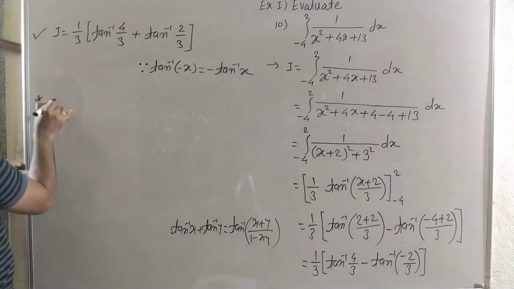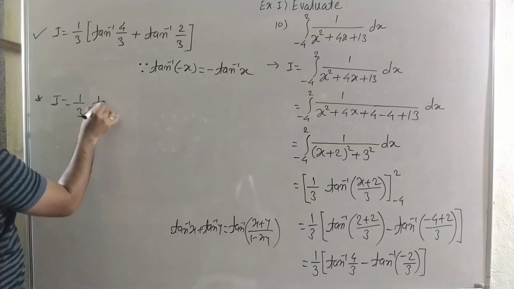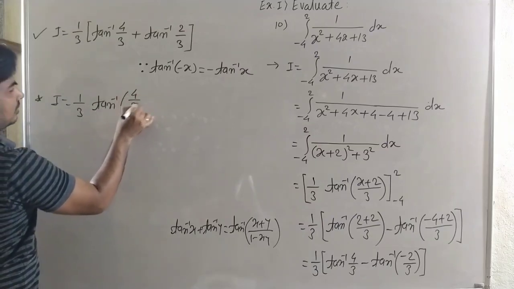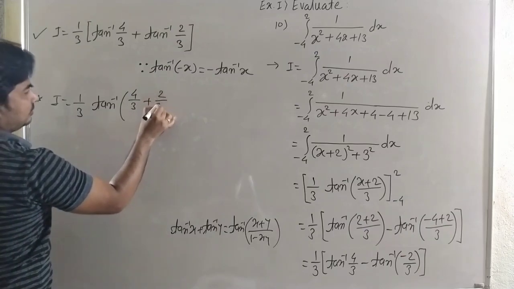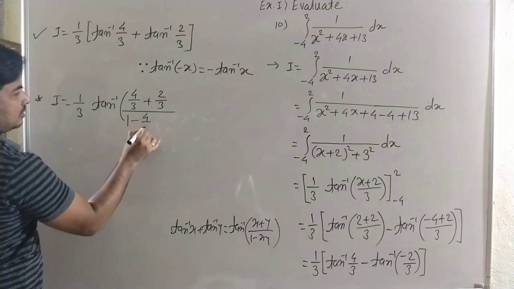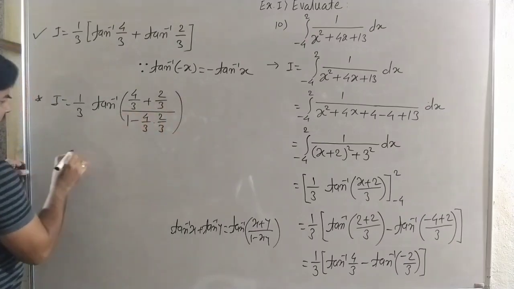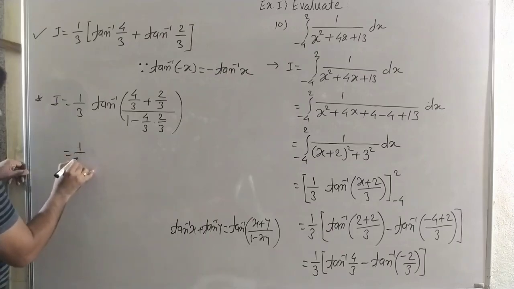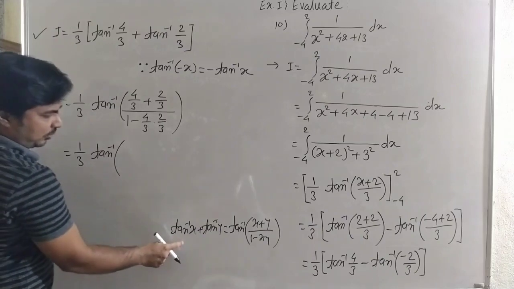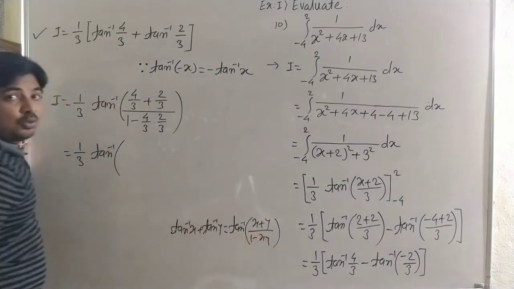Now the answer of the integral is 1 by 3 tan inverse of 4 by 3 plus 2 by 3 upon 1 minus 4 by 3 into 2 by 3, and then calculate it. Here we use this property, tan inverse of x plus y upon 1 minus xy.